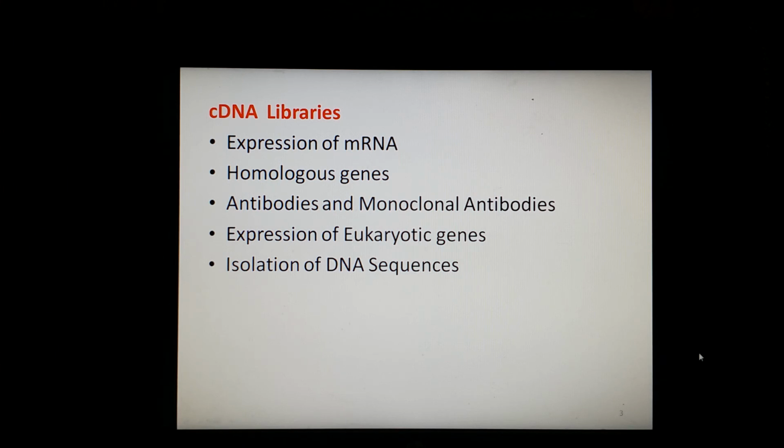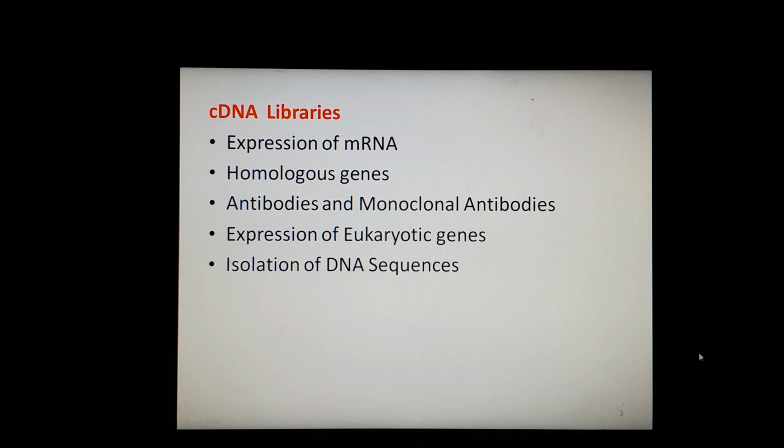Then, complementary DNA of proteins can facilitate generating antibodies and monoclonal antibodies. Moreover, it is helpful in expressing eukaryotic genes in prokaryotes, and these genes help in the transcription process of prokaryotes. And lastly, this library is also useful for isolating genes that code for particular messenger RNA.